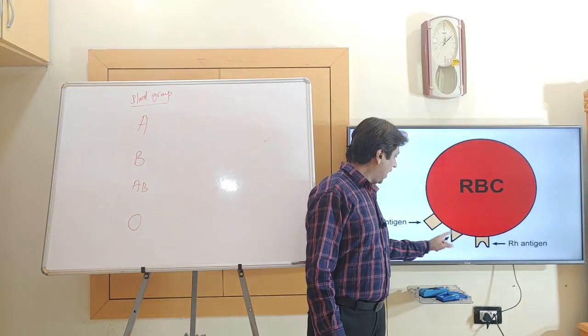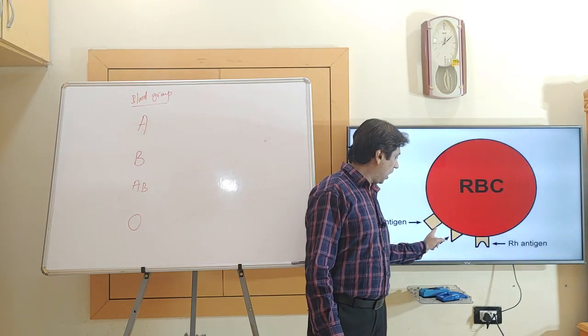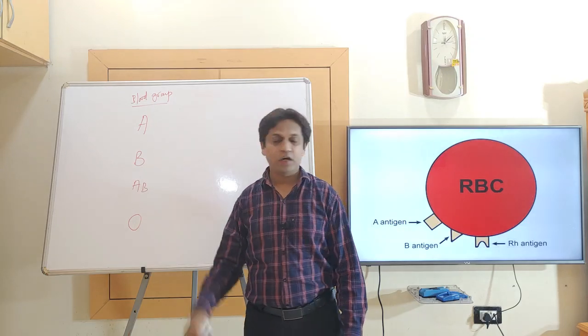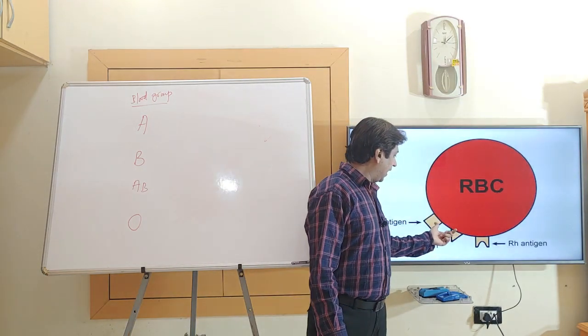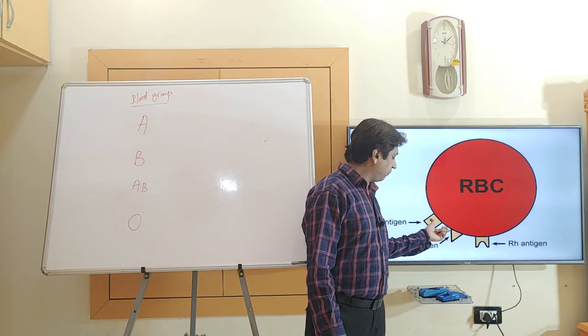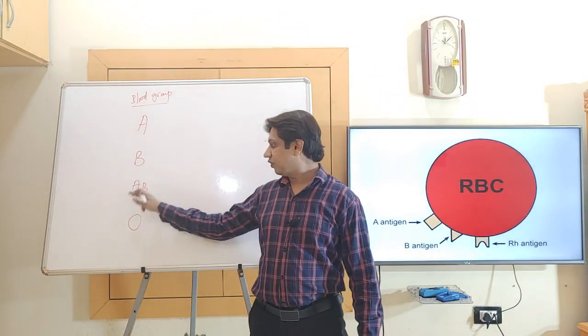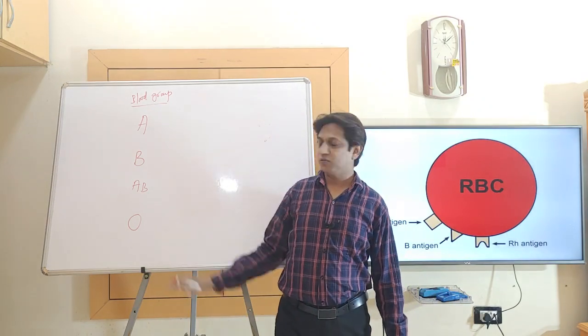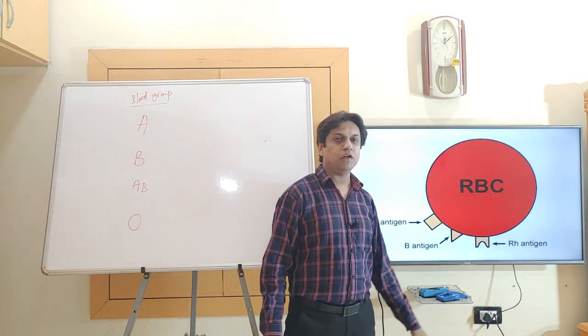When both antigens A as well as B are present on the surface of an RBC, the person is designated as AB blood group. And when both antigens A and B are absent on the surface of an RBC, it is called O blood group. Based on this background, we'll discuss the ABO blood grouping system.